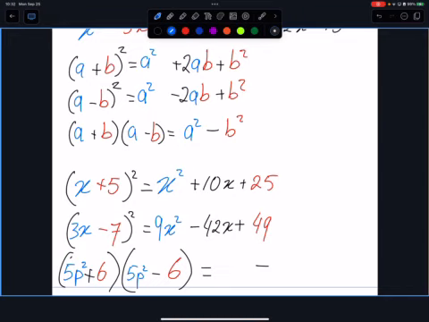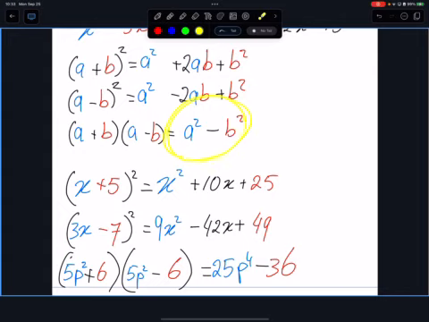No. The answer is 25 b to the power of 4. I'm trying to figure out where the 4 came from.